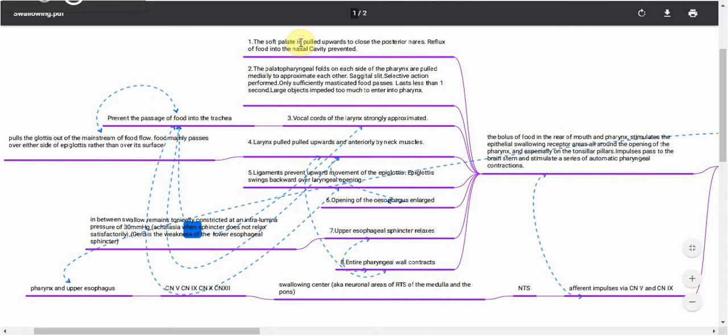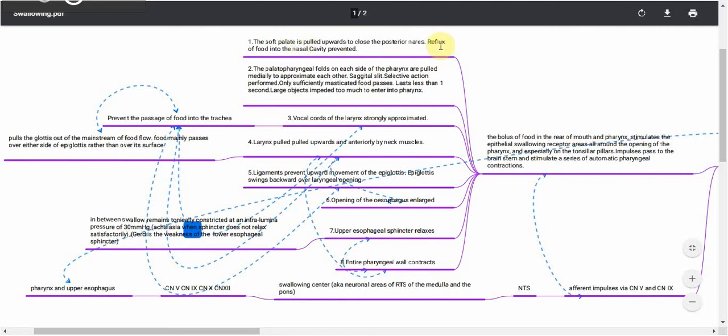And these can be the causes of oropharyngeal dysphagia, which is the first type of dysphagia. Dysphagia, swallowing difficulties, is divided into two categories for ease of learning: oropharyngeal dysphagia, in which the pathophysiology is originating in the initial stages, and esophageal dysphagia, where the pathophysiology is originating in the esophagus.